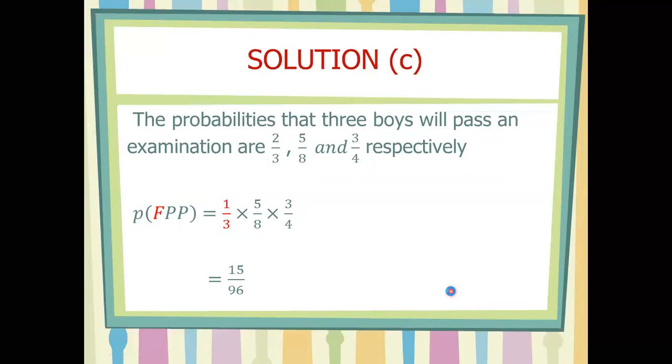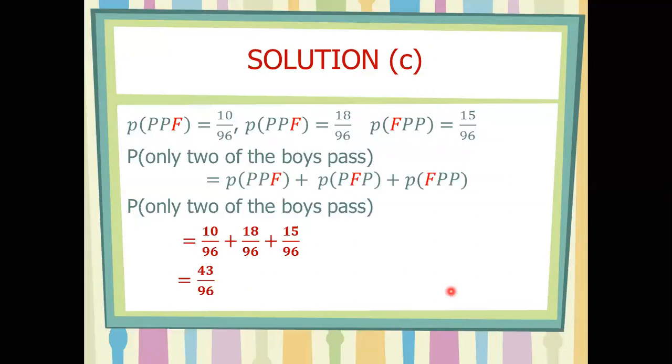So eventually we have to work out three of them together. The first one, that's 10 over 96. Sorry, this is not supposed to be PPF, this is supposed to be PFP. So the second one, PFP, that's 18 over 96. And the third one, FPP, that's 15 over 96. So summing all these together, why?